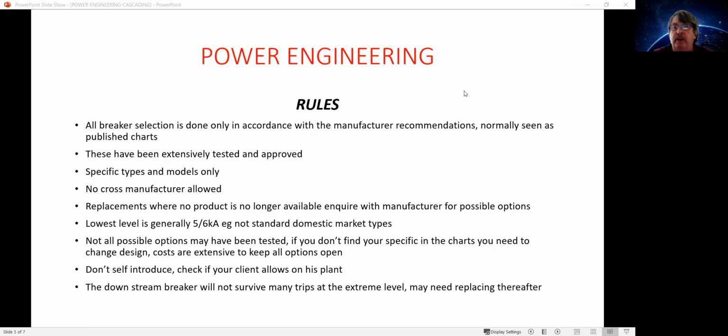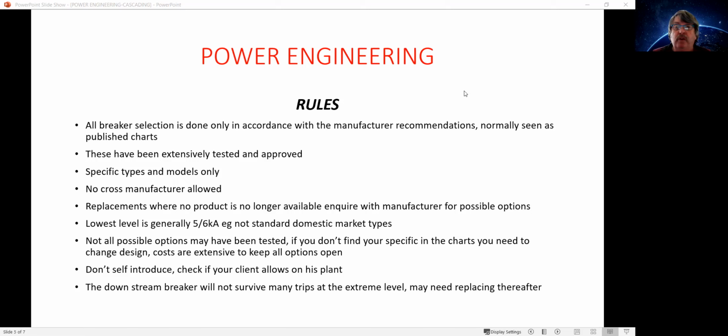The manufacturer knows what the performance is of every model that they have, and this would be very specific in type and model, quoted on the paperwork. You cannot just use any other brand and substitute. That's just not on, because it is linked to the specific manufacturer and the tests that they've done.